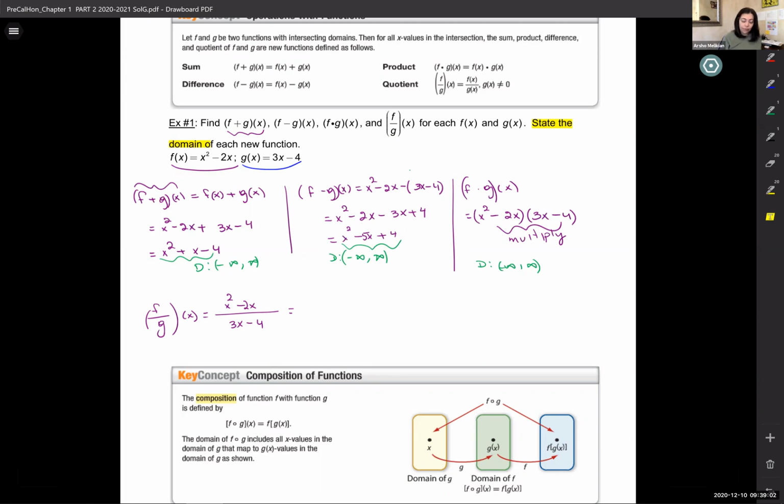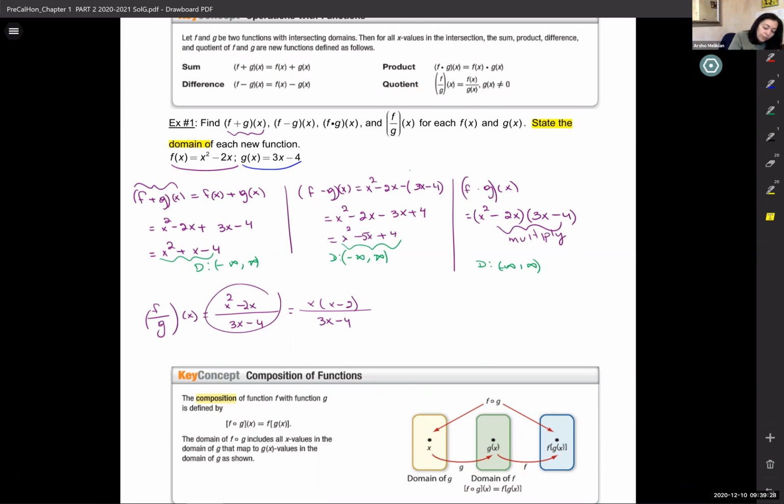Do I need to factor it out? Well, if you factor out the top, does it help you cancel anything out from the numerator and the denominator? Not really. If it's not going to help you go a step further and cancel things out, you don't have to factor it out. Does that make sense? So this is just good enough for me.